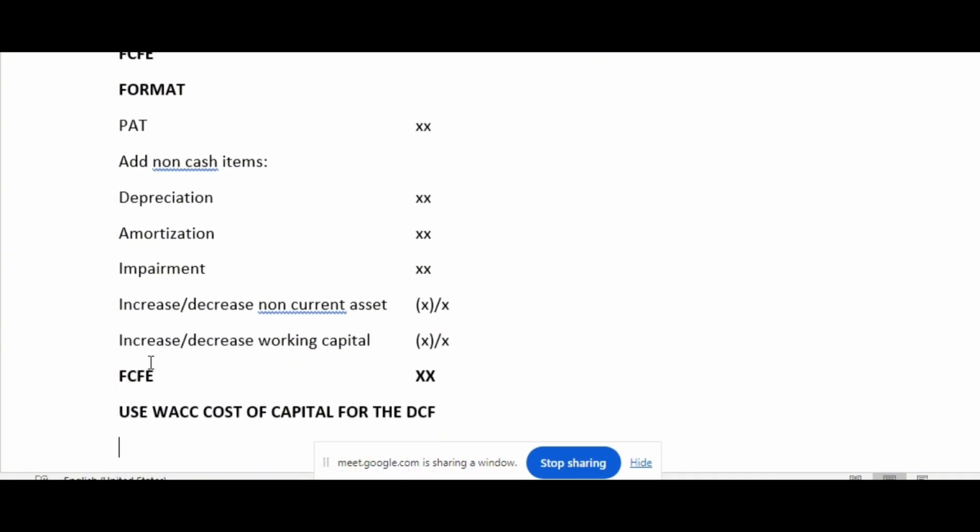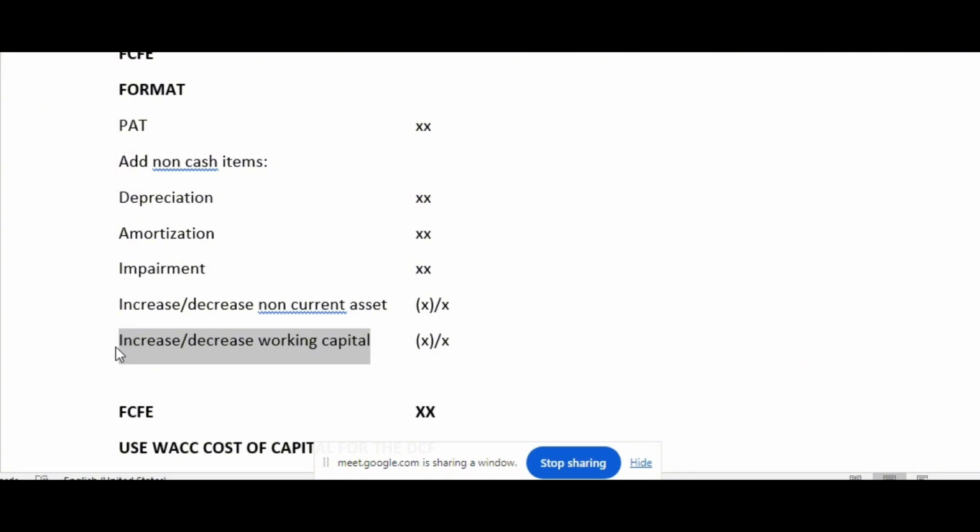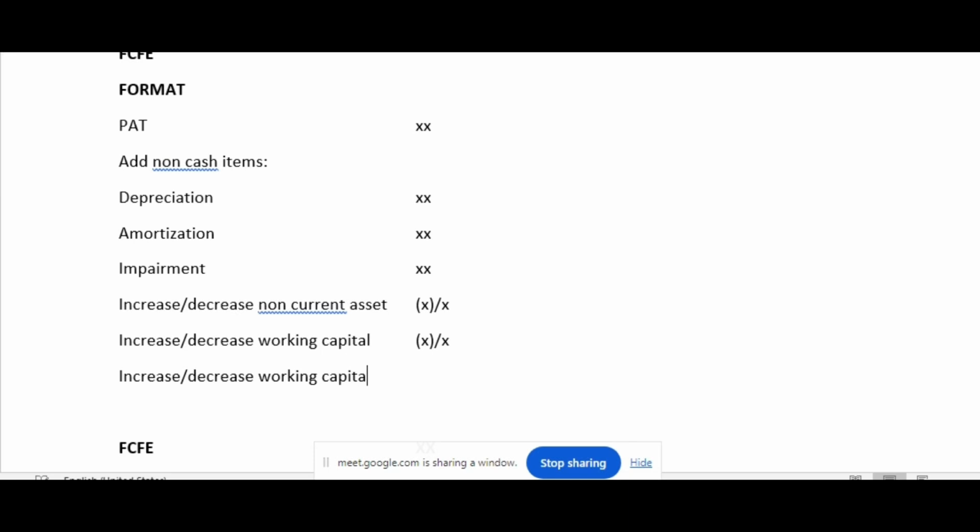Now, another thing that makes it different is increase or decrease in borrowing, in total borrowing.